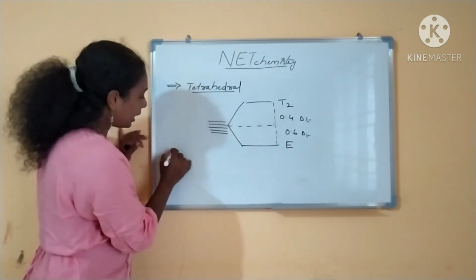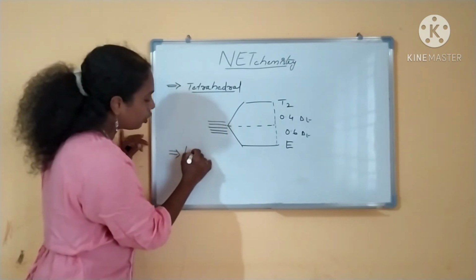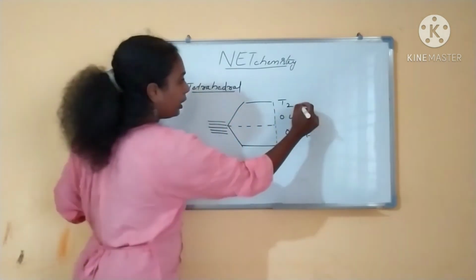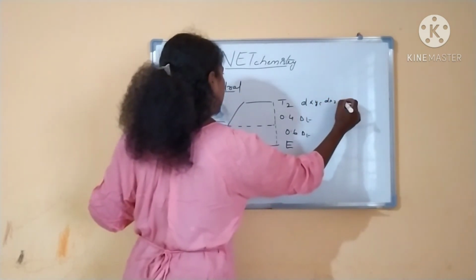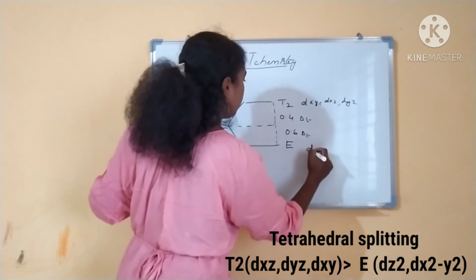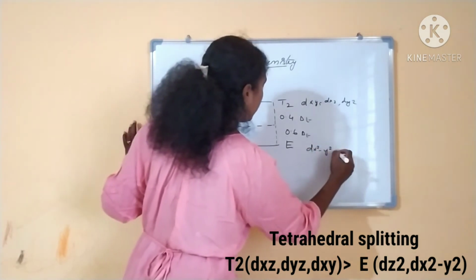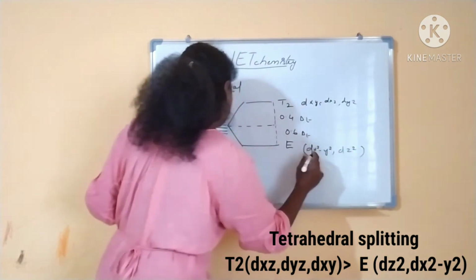And tetrahedral always forms high spin complexes, okay? T2 orbitals you know, right? dxy, dxz and dyz, and E is dx square minus y square and dz square. This is the splitting, okay?